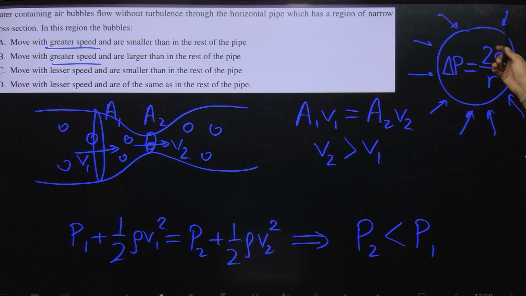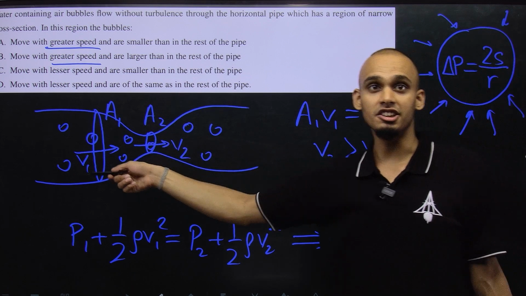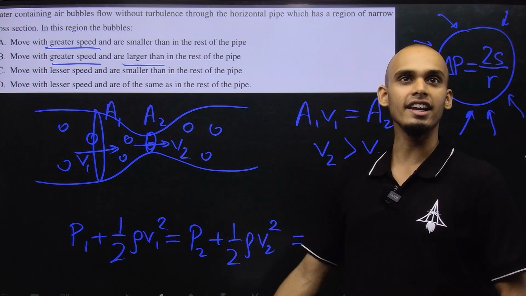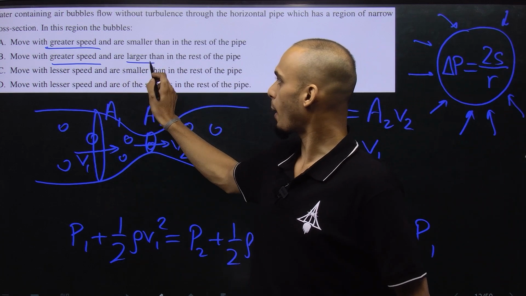If the external pressure is greater in region 1, it allows a smaller bubble. Greater pressure from the outside means the pressure difference will be lower, hence the radius will be higher. And if the pressure outside is lower, the pressure difference will be increased and hence the radius will also increase. So the bubbles will be larger than in the rest of the pipe.